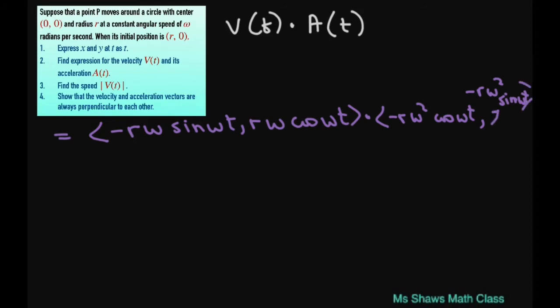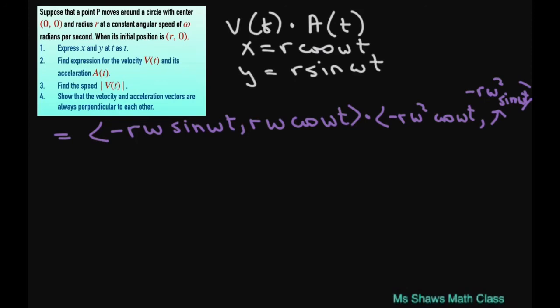And recall, our x was r cosine of omega t, and our y was r times sine of omega t.